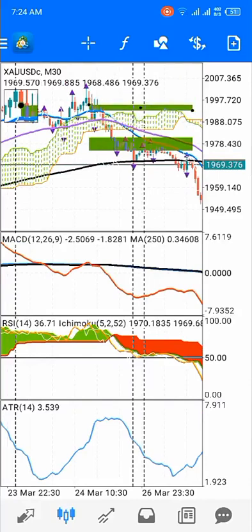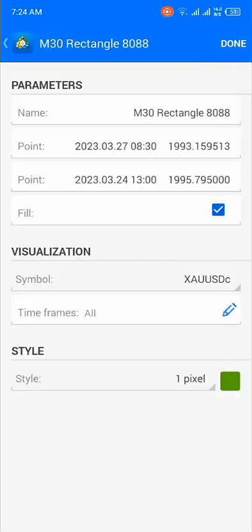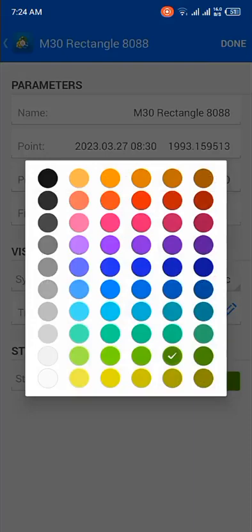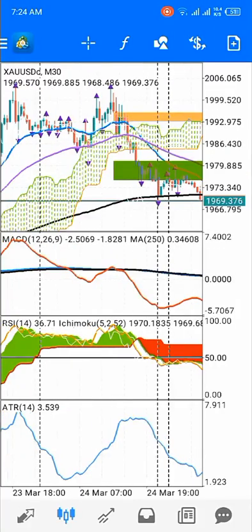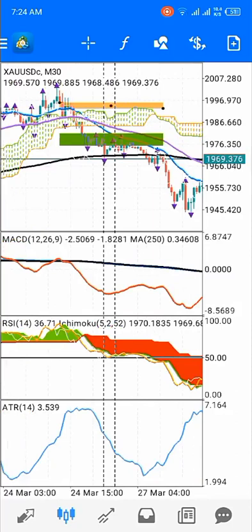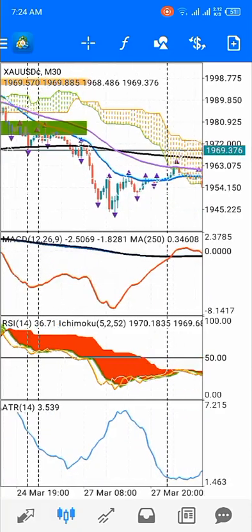Your stop loss will be above the Ichimoku, around that particular point where you have the orange shape. It's preferred to be placed around that point or above the Ichimoku.